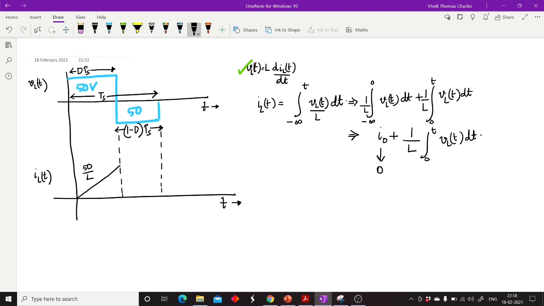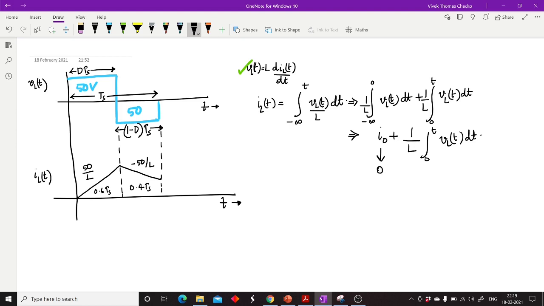So the inductor current falls with a slope of minus 50 by L. Here this rising duration is 0.6 into Ts, and the falling duration is 0.4 into Ts. That is, 0.6 Ts corresponds to the dTs time interval and 0.4 Ts corresponds to the 1 minus dTs interval.